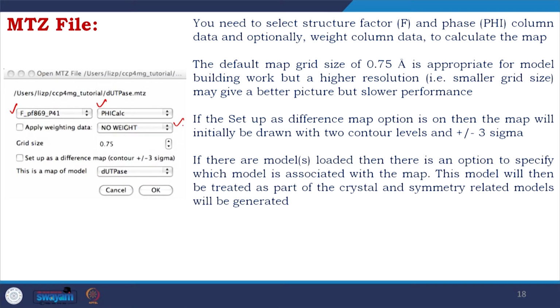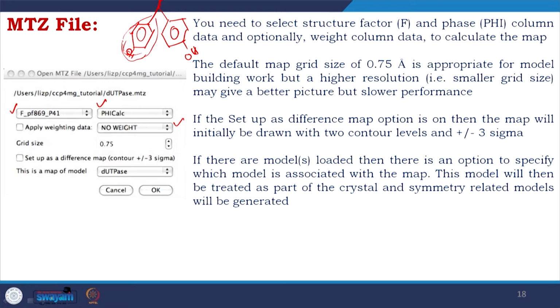If there are models loaded, then there is an option to specify which model is associated with the map. This model will then be treated as part of the crystal and symmetry related models will be generated. So, what it is talking about is, suppose you have this electron density and you have 2 PDBs, this is a tyrosine suppose, and this is here, and there is another tyrosine coming from another structure.